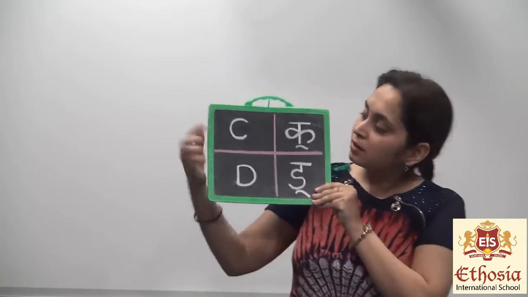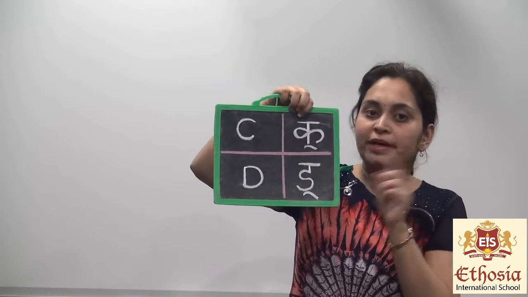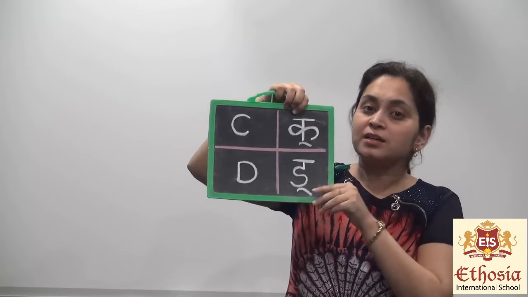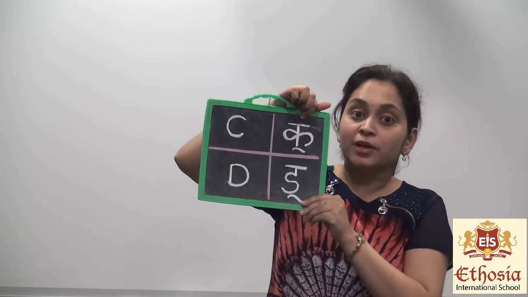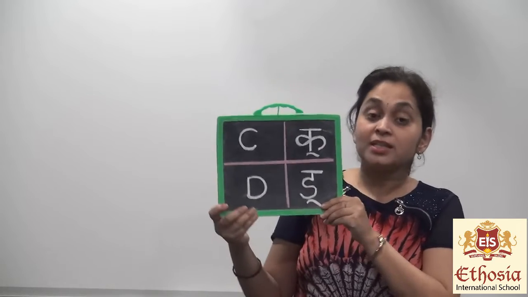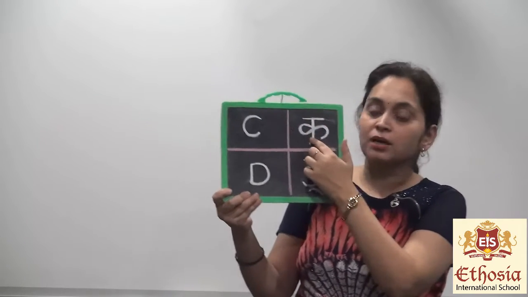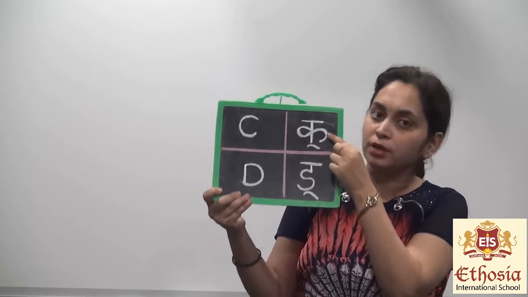Let's say cat. We don't read it like C-A-T. What we say is K-at, cat. Caterpillar, camel, cow. So see, the sound coming is K. Wherever you see this alphabet, you have to take out the sound K.